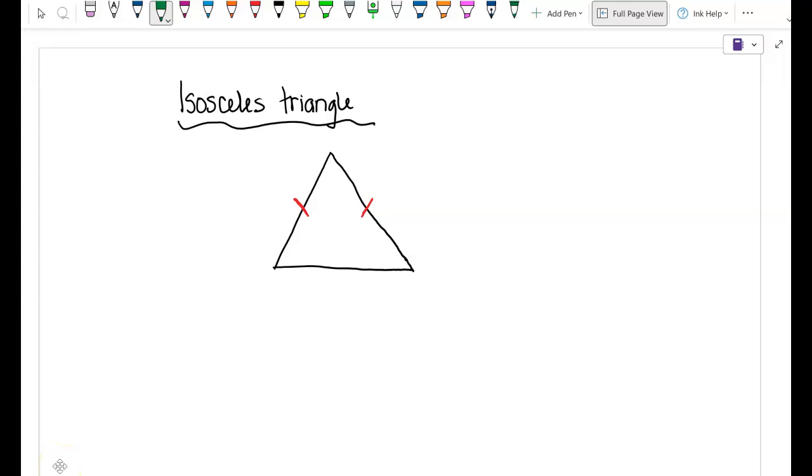So again, an isosceles triangle has at least two sides congruent. This angle at the top that is between those two sides is called the vertex angle. And the vertex angle is the angle that connects the two congruent sides.